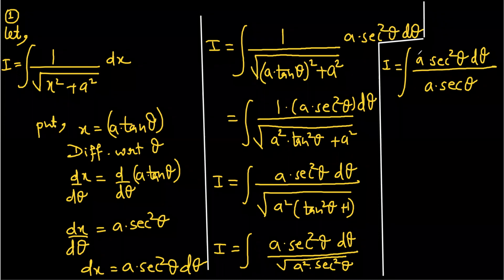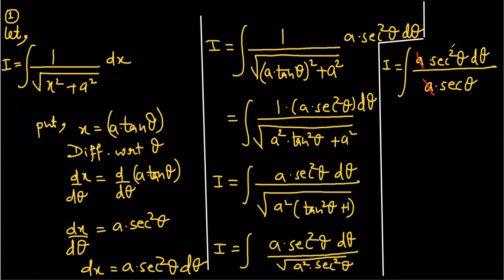What happens next is that a cancels, and one sec theta cancels, so you are left with sec theta in the numerator. So I equals the integral of sec theta d theta. This is what you are left with. And students, you know what the integral of sec x dx is? The integral of sec x dx is log of sec x plus tan x.